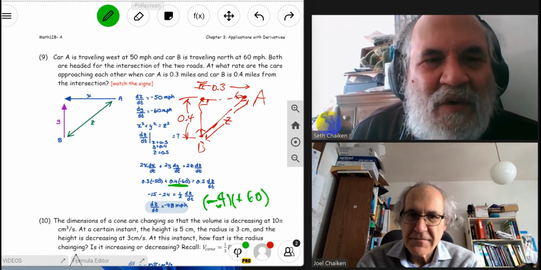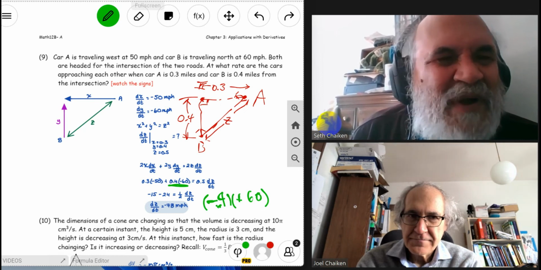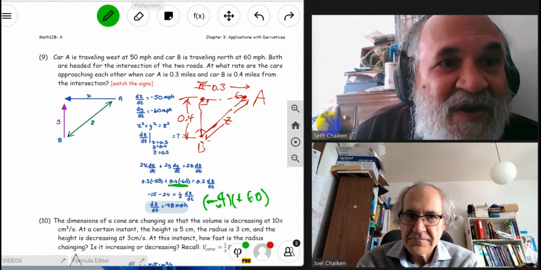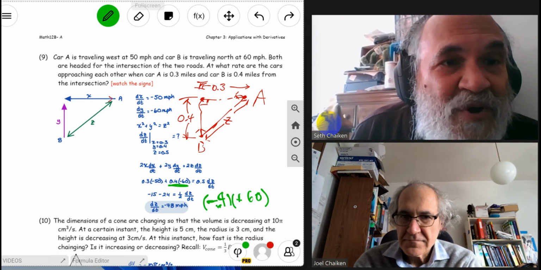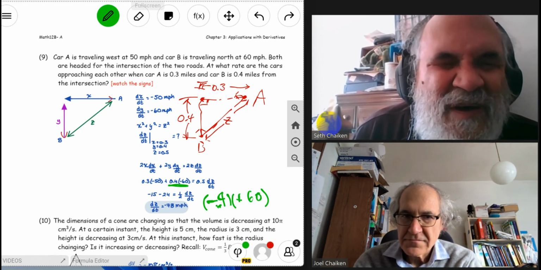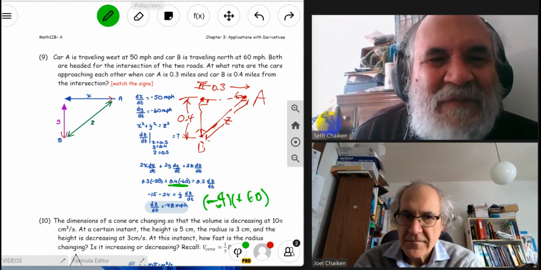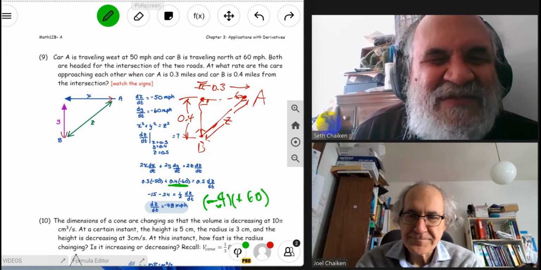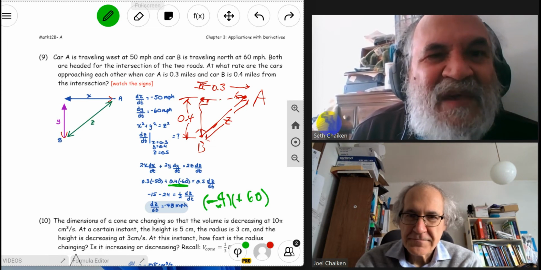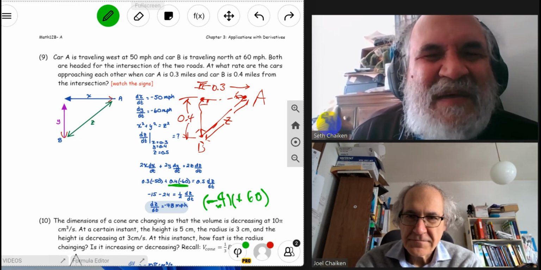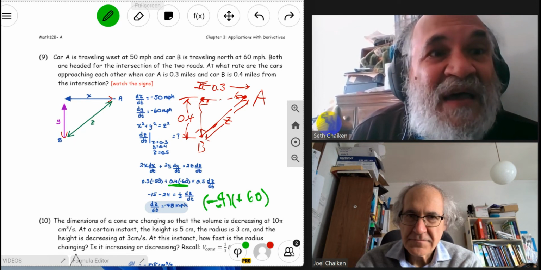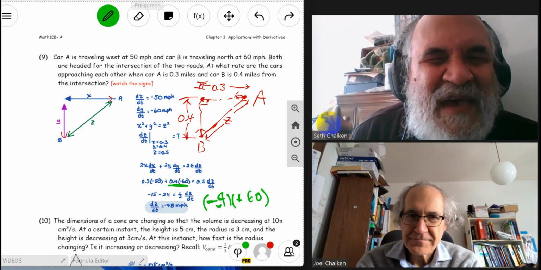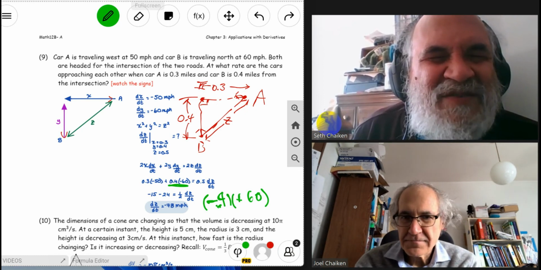Perhaps I would rather put two little arrows on her diagram, because the arrow that represents the motion of car A is a different physical concept from the line that represents the placement of A compared to the origin.